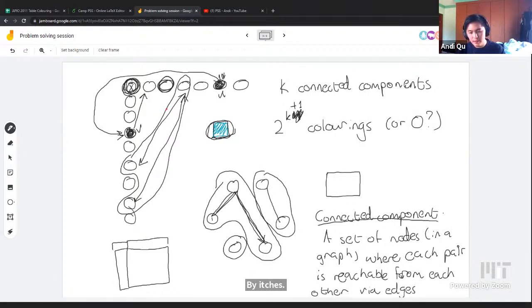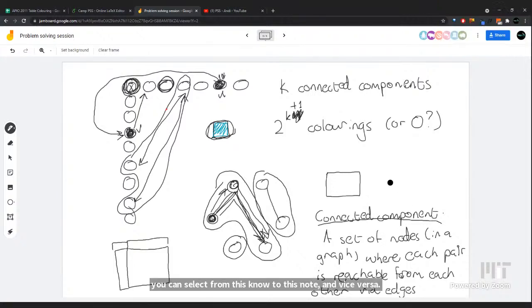So for example, this is a connected component because you can go from this node to this node, you can go from this node to this node, and you can go from this node to this node, and vice versa.